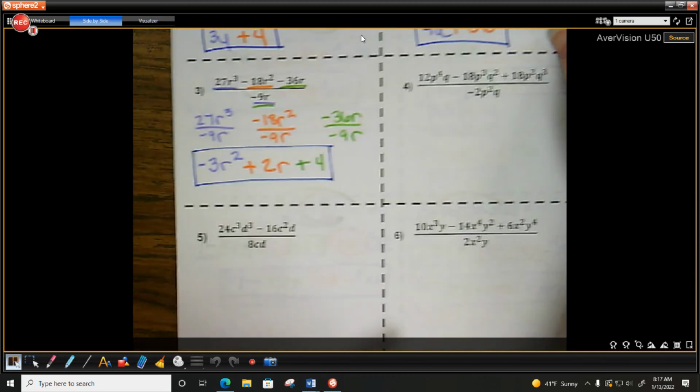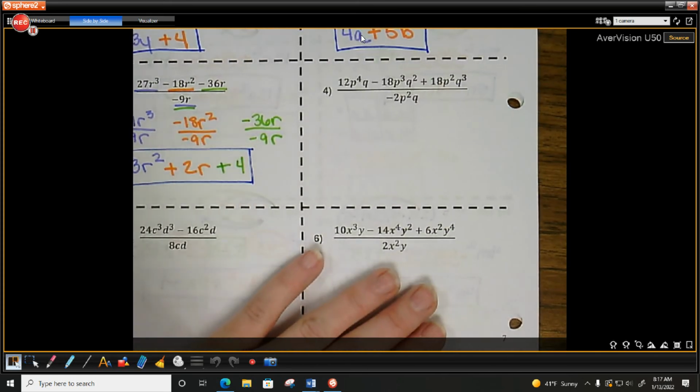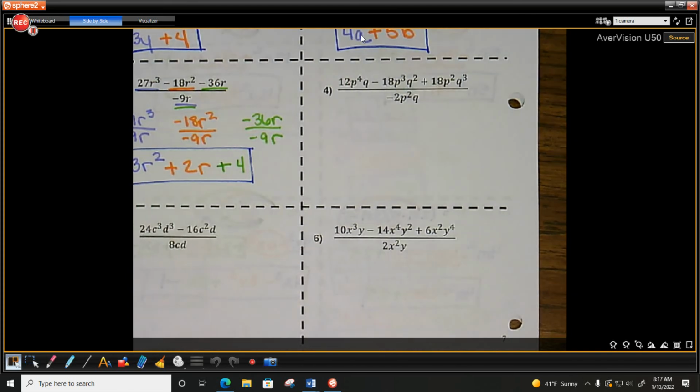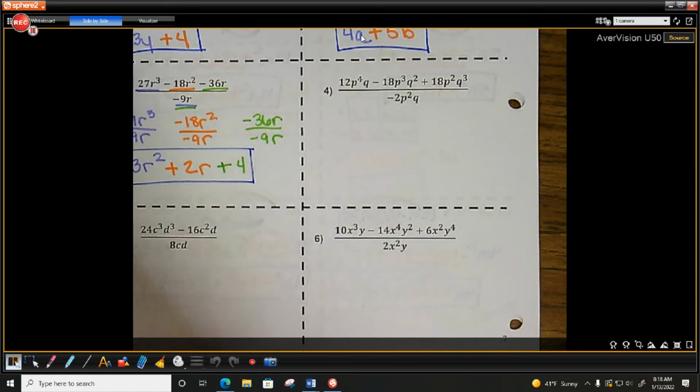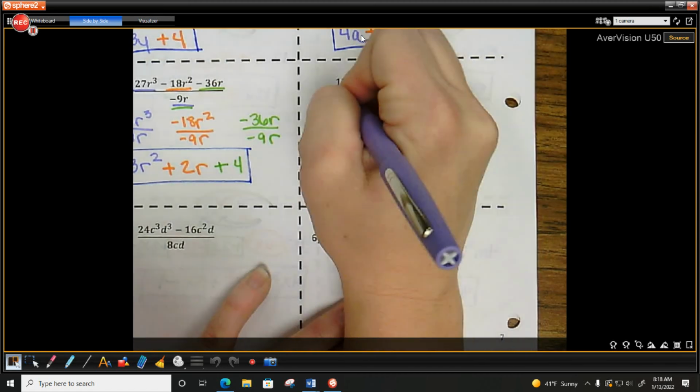Okay, number 4. How many terms do I have in the denominator, Morgan? In the denominator? Denominator's bottom. Just one term. How many terms do I have in the numerator, Morgan? 3. So how many fractions am I going to separate it into? 3 fractions. Make sure we're all doing this, guys.